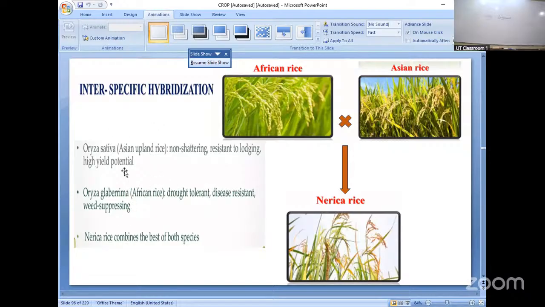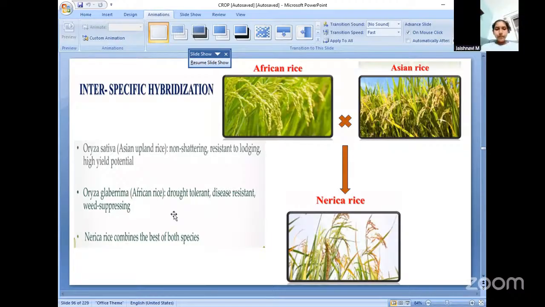When they cross together, they form a different variety, that is Nerica rice, that combines the characteristics of both the species. So this will be of better quality. Okay, this is called interspecific. Interspecific means between different species but the same genus. Have you understood? Are all the three clear to you?